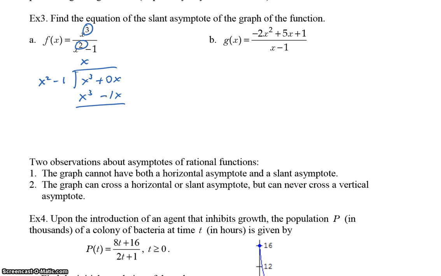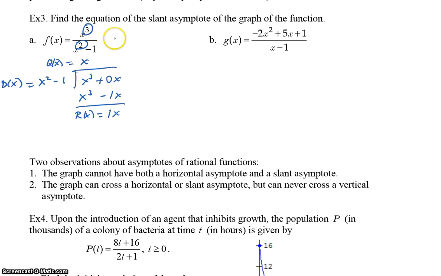That is 0 plus 1, or 1x, or just, in other words, x. So here our quotient, our q of x, is x. The divisor was x squared minus 1. The remainder is 1x, or just x.